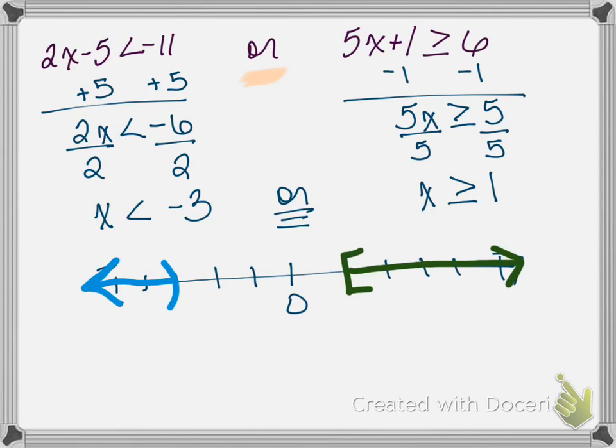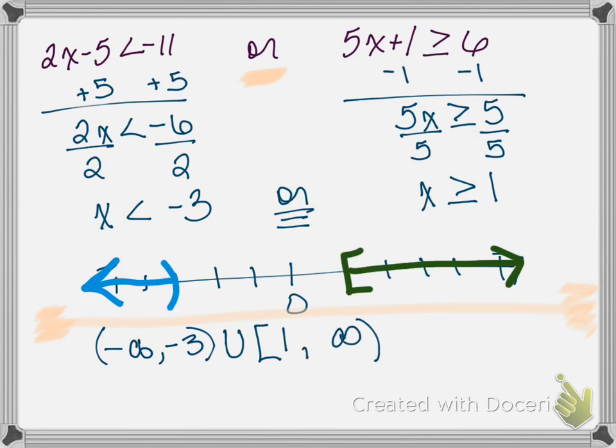Now I start on this end and I move to this end for interval notation. So I have negative infinity and I go to where? Excellent. What do I put in between? Union. That means or. Then I have a bracket on this side because I've got the greater than or equal to 1. And that is my final answer.